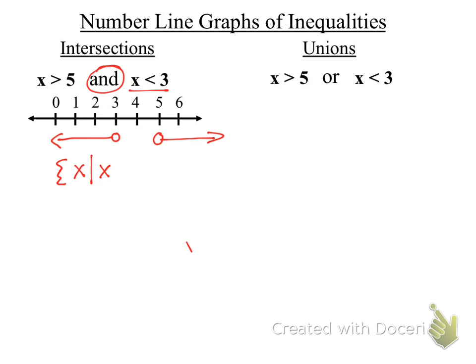It's an and statement. Where is the overlap? There is no overlap. So we'd say x is an empty set. I think you would just write empty set. I don't even think you'd write all that stuff. You would just put the braces and leave it empty. Okay, so I'm going to try the next one.